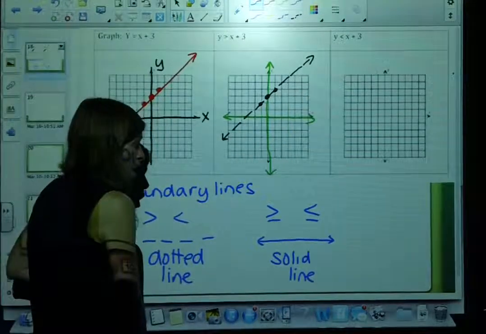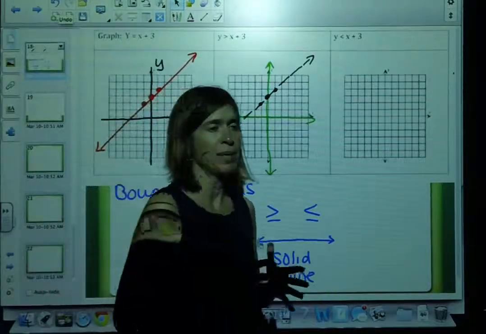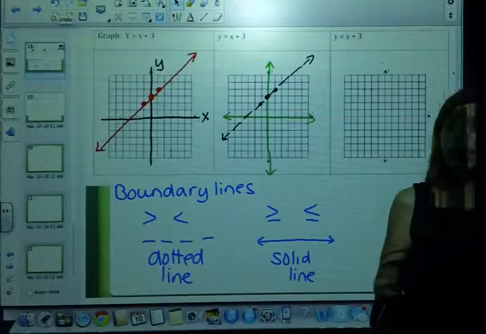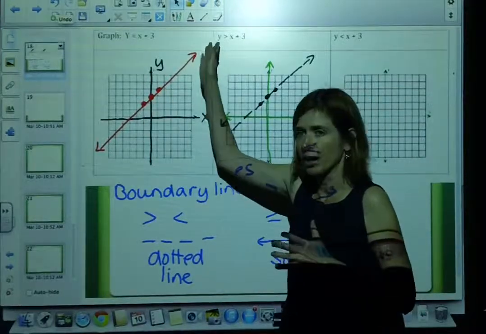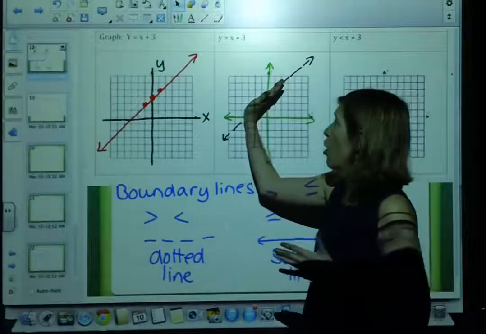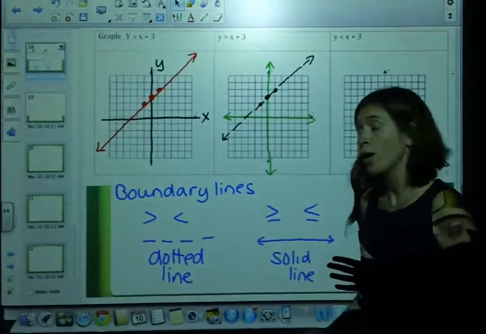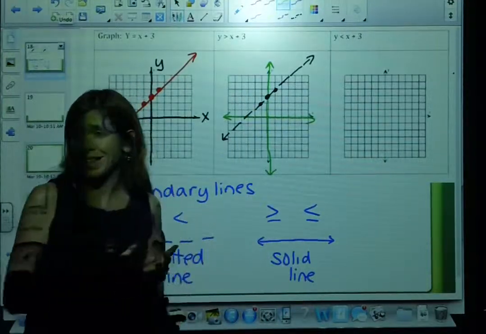Okay? All right, but now I have to actually shade, because what this is saying is that there's an area where there are all different solutions. An equation has one solution, the line. An inequality is either going to have solutions all above the line or below the line. The easy way to look at it is to look at the y-axis.